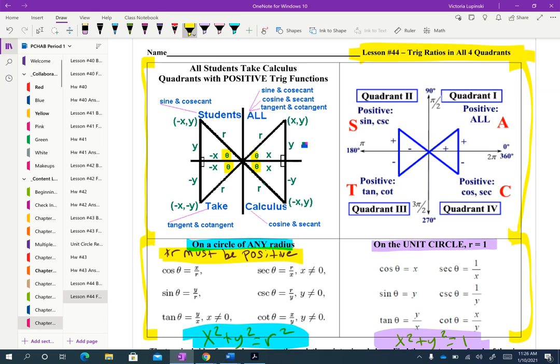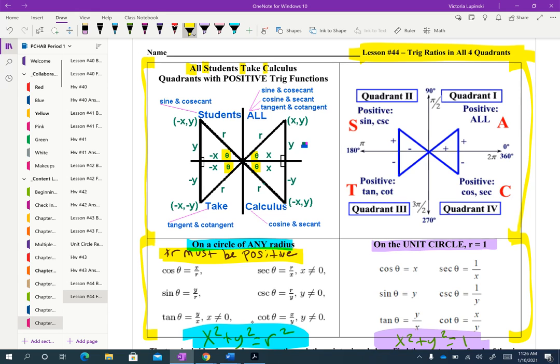So what we have here is a catchphrase that people tend to use, or maybe calculus teachers tend to use, and that's all students take calculus. That's just meant to be a memory device for where the different trig functions are positive in the given quadrants. So take a look here at the setup on the left.